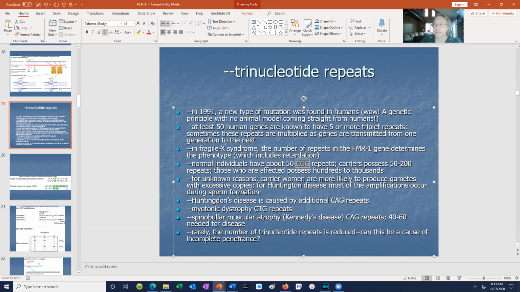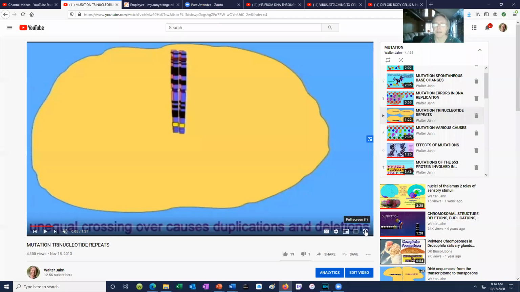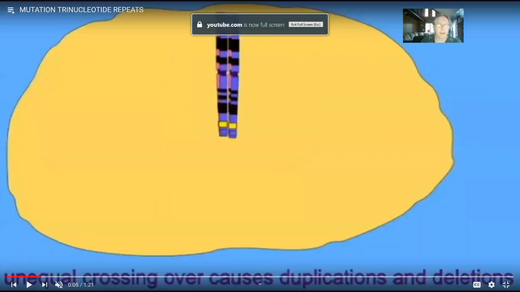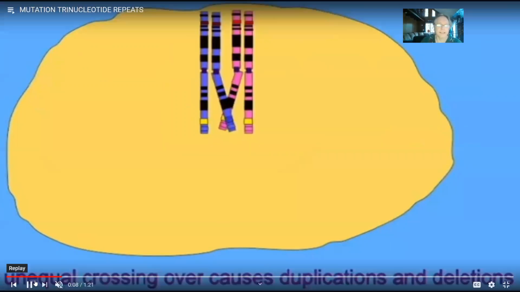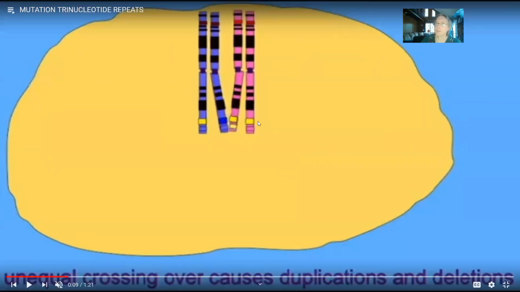And it turns out that that's known in a number of diseases. Huntington's disease can be caused by sequences of CAG over and over again, myotonic dystrophy, CTG, and other examples. And the reason seems to be that if you've got the same kind of sequence over and over and over again, when cells do crossing over in meiosis, the chromosomes align, but if you've got all of these repeated sequences, they might not align perfectly.